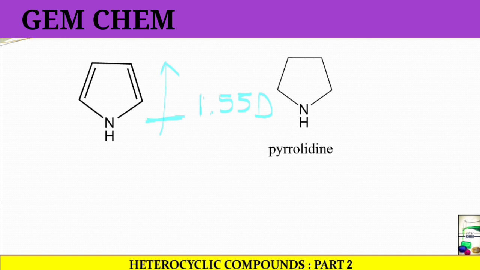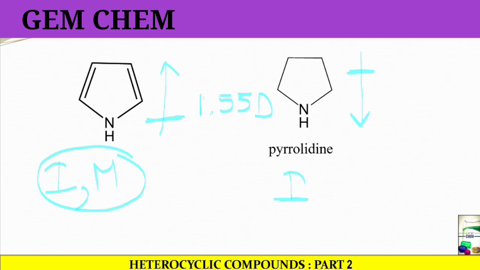But in this case it is in the opposite direction, because here only the inductive effect is acting, but here both the inductive effect as well as the mesomeric effect are acting due to the double bond, right? So here it is 1.57 D. Now if we see the different bond lengths, then we can tell that this bond length, that is 3 and 4, is 1.43 angstrom.